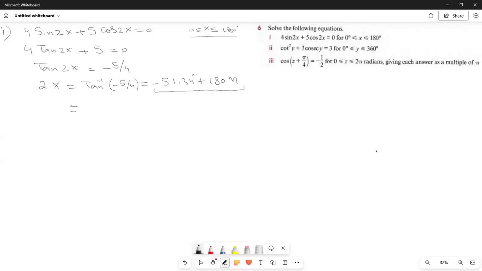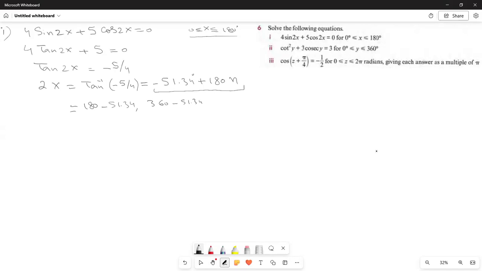If I make n equal to 1, it will give me 180 minus 51.34. If I make n equal to 2, it will give me 360 minus 51.34.